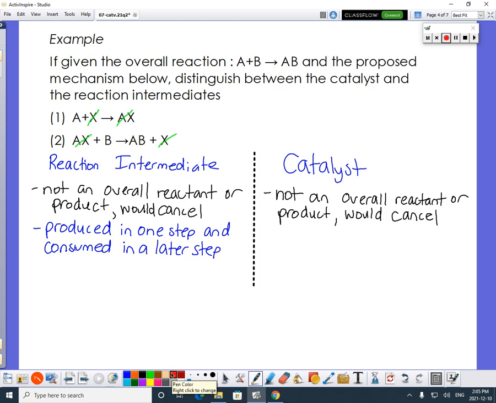And a catalyst, we said, was consumed and regenerated or reproduced. If you don't like the word regenerated, that's fine.